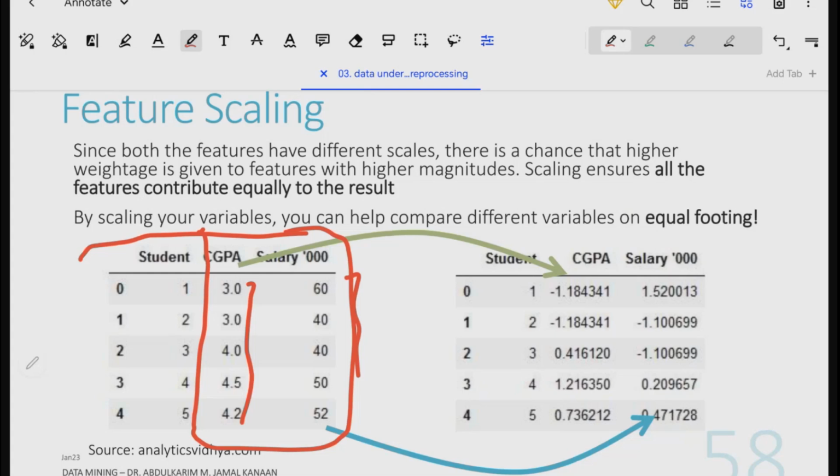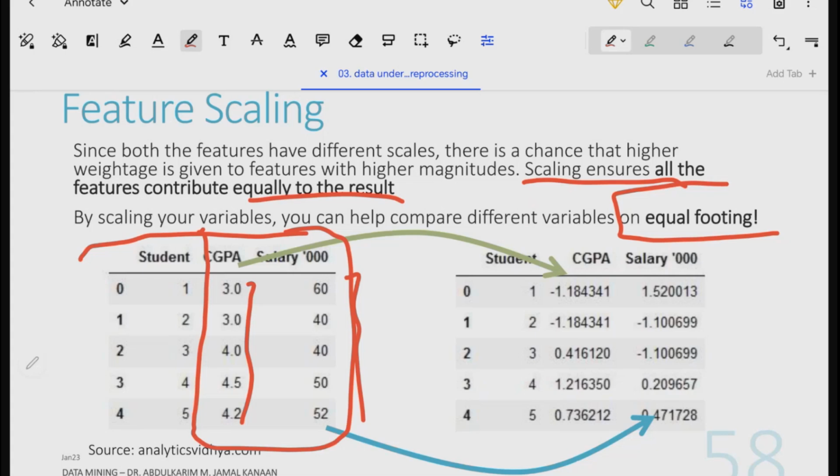So in this case, we need to ensure that they don't have that much sensitivity. So what we do is scale all the numeric features to ensure that all the features contribute equally to the results, or they have equal footing. I like this term. They have equal footing, okay?